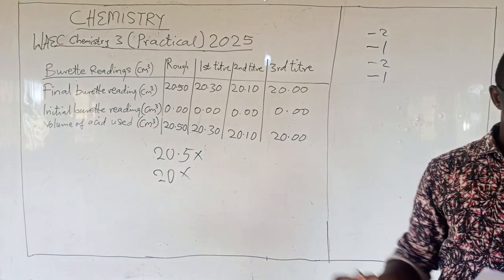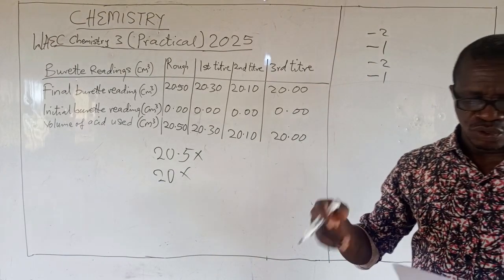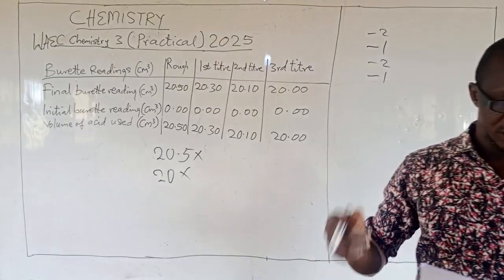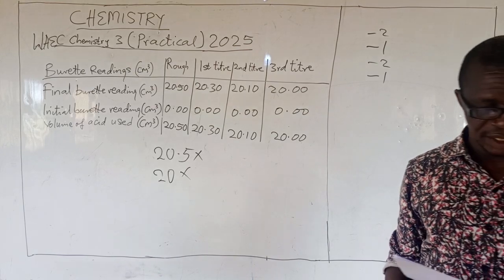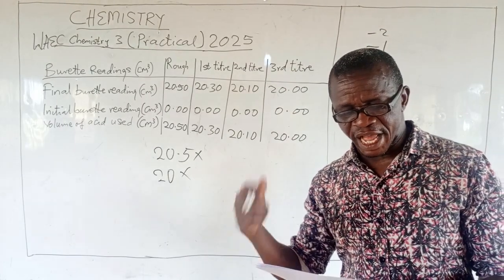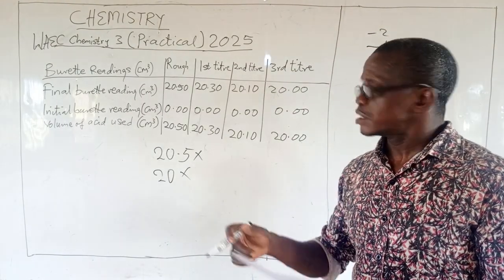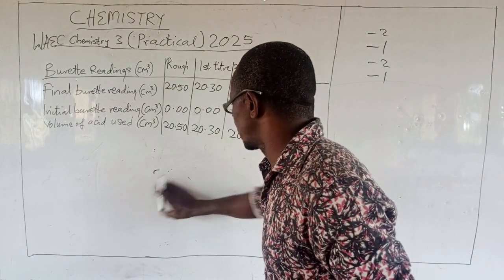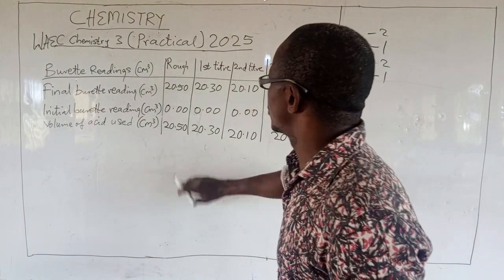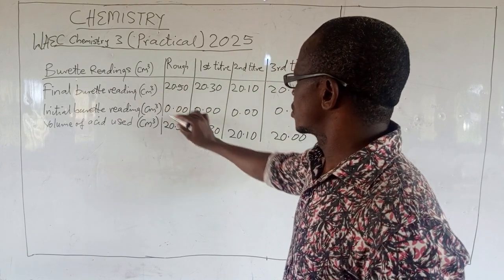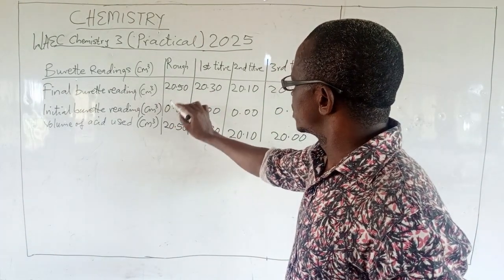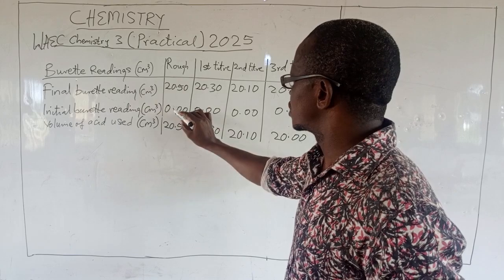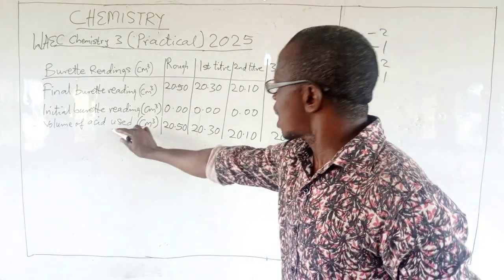Now, another problem that students used to commit, and which they will be penalized, is arithmetic error. As you titrate, like in this case now, when you titrated this and then you got this, you just remember this minus this gives you this. That's how we got this.